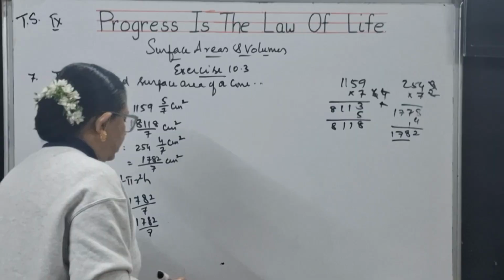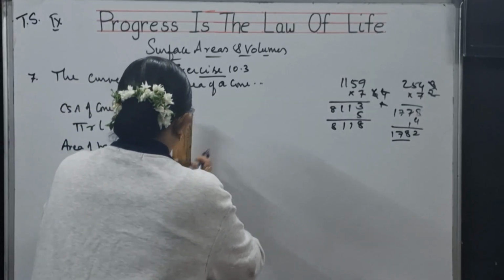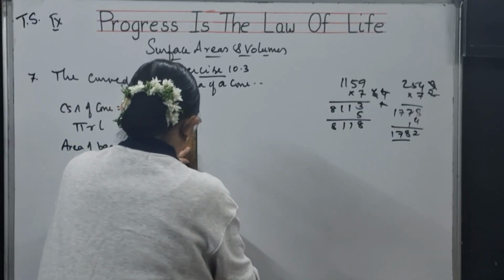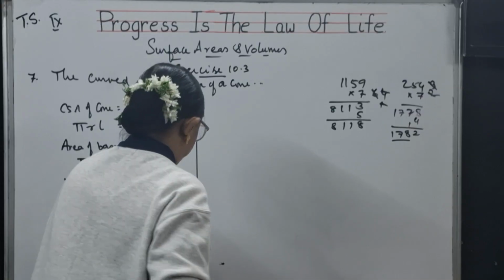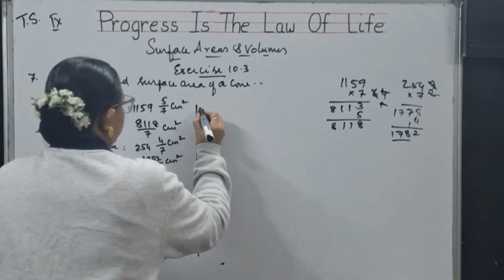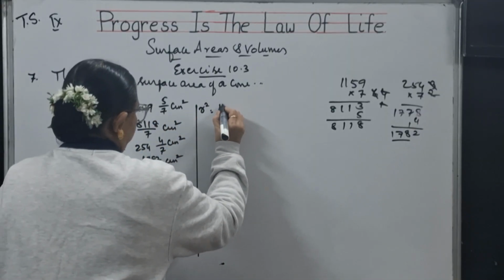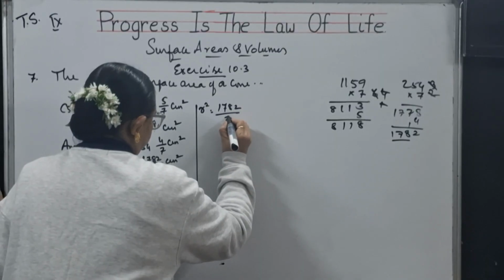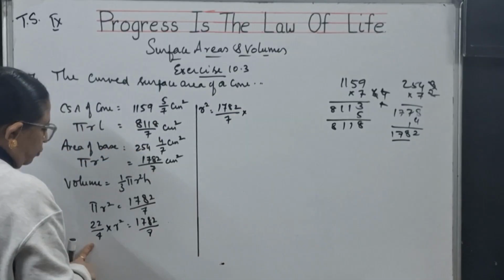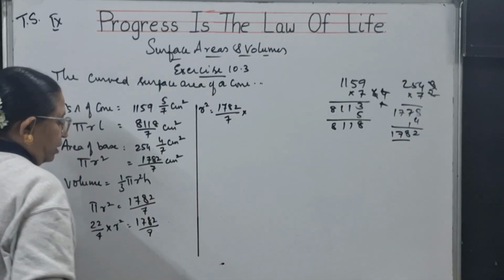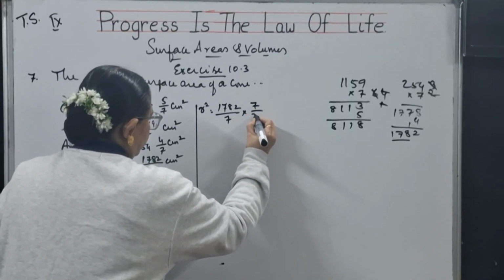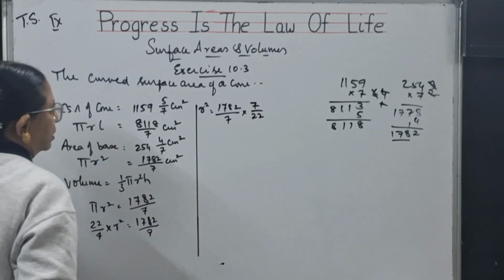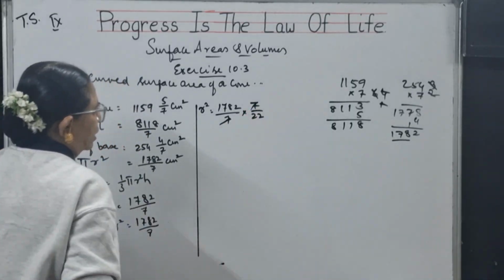So we need r square. R square is equal to 1782/7 into the reciprocal of 22/7, which is 7/22. Now 7 and 7 will get cancelled.